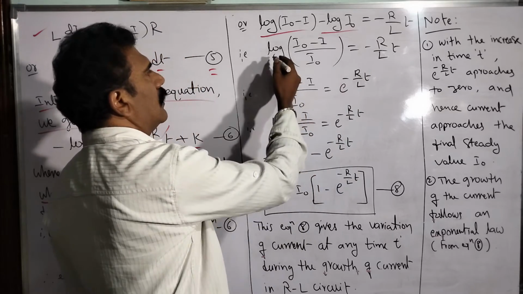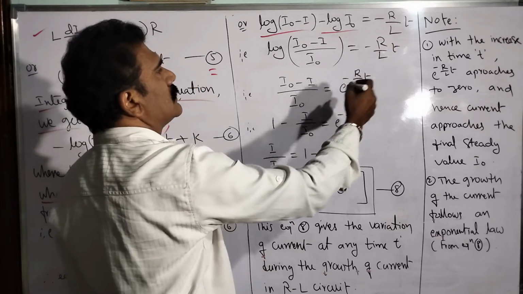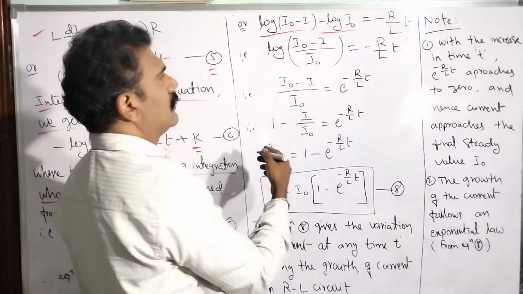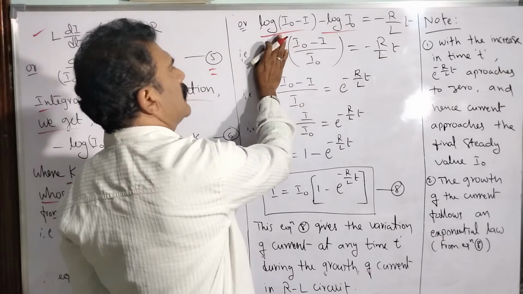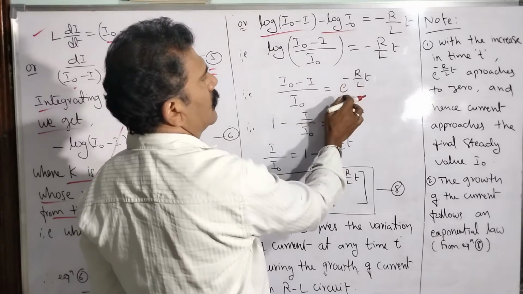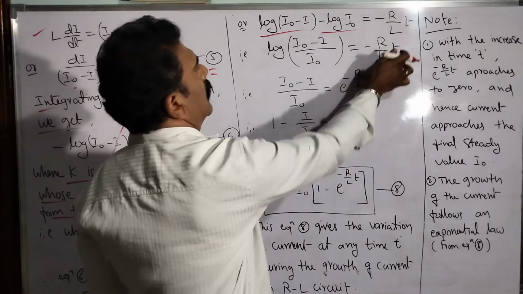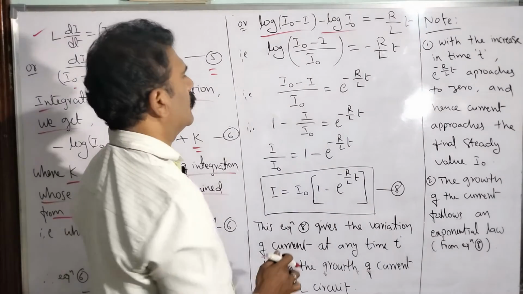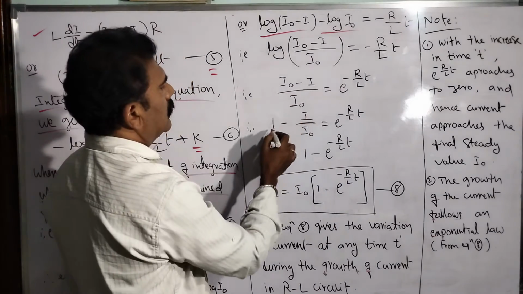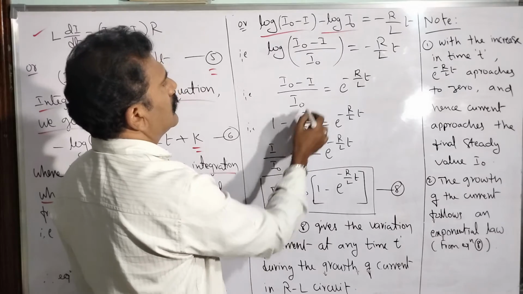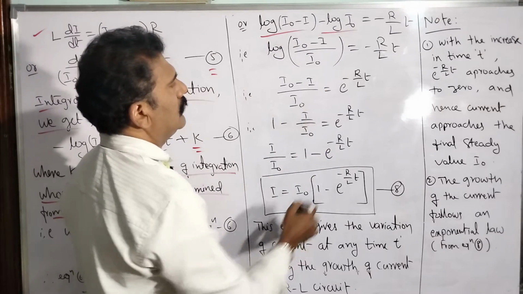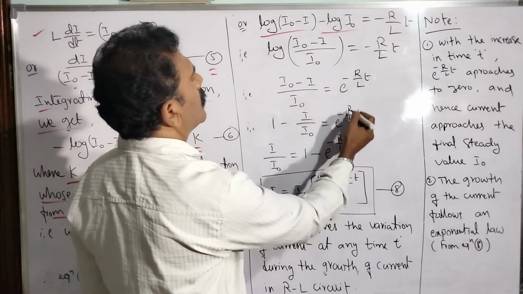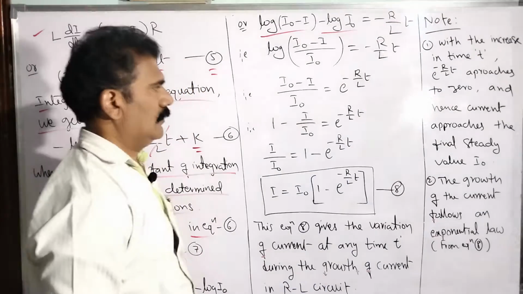So taking the log to the right hand side, or we can say eliminating the log, whatever it is, when you eliminate the log on the left hand side you should write e to the power of minus R by L into t. The entire term you should write as an exponential term. Then here I naught by I naught is equal to 1. So minus I by I naught is equal to e to the power of minus R by L into t minus 1.